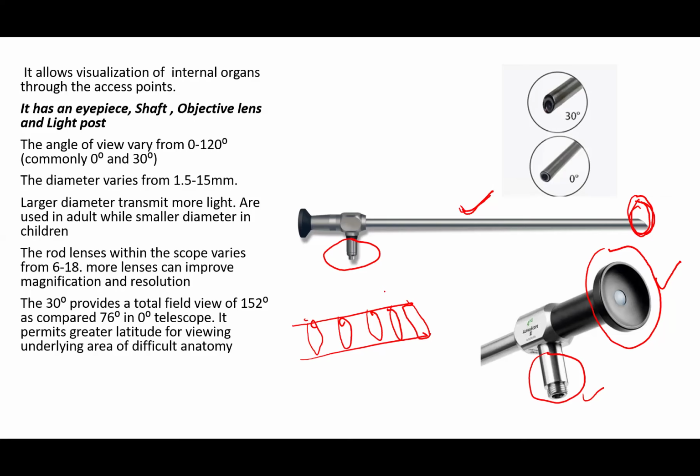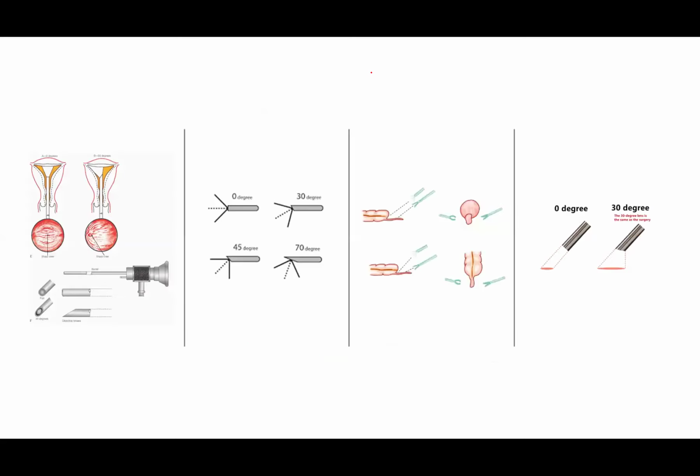So a 30-degree telescope views a wider range as compared to a 0-degree telescope. Usually, the 0-degree telescope is easier to handle, especially for beginners. The beginners use the 0-degree telescope. Then subsequently, when they become more conversant with laparoscopic anatomy, they can upgrade to a 30-degree telescope.